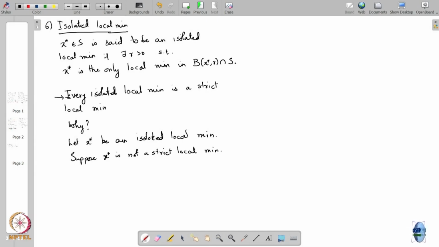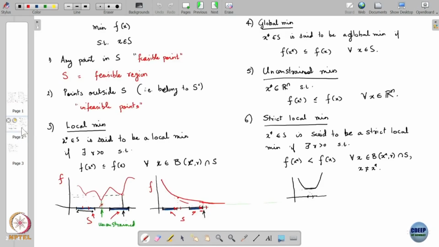If x star is not strict, then what does that mean? Go back to the definition. If it is not strict, then it is just a routine local minimum.